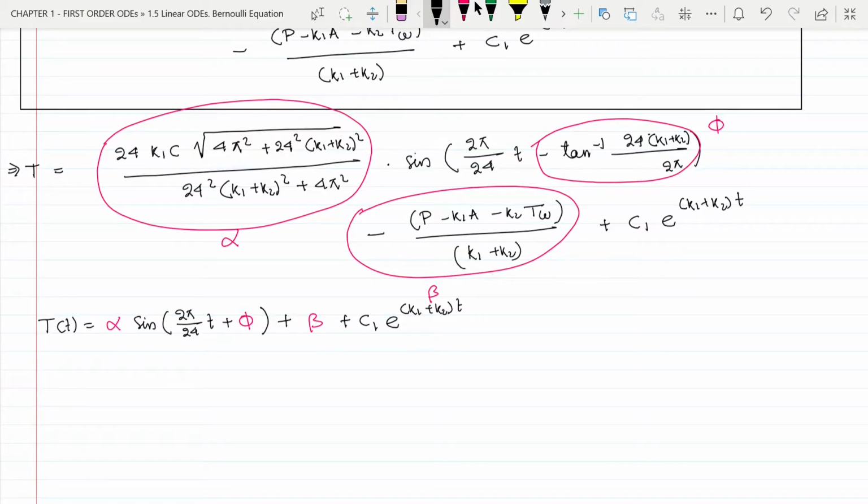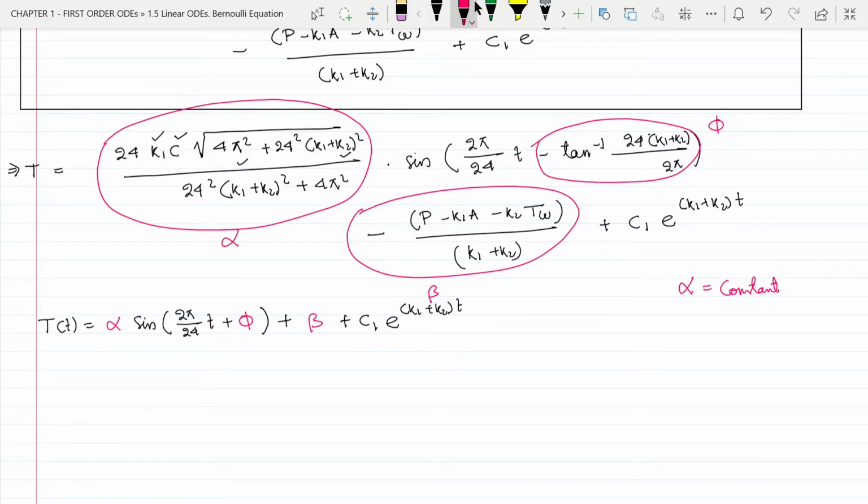You can see that the constituent terms of alpha are all constant terms. K1 is a constant, C is a constant, pi is a constant, K2 is also a constant. So all these terms inside alpha are constants. That means alpha is a constant. Similarly, let us look at phi. Phi is minus tan inverse 24 (k1 plus k2) by 2 pi, and k1 and k2 are constants.